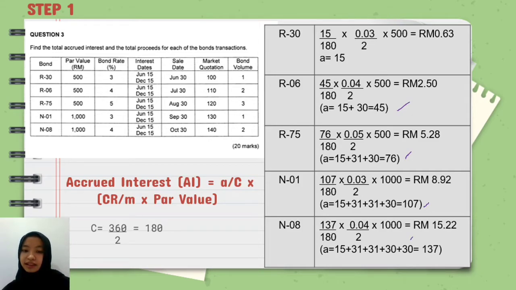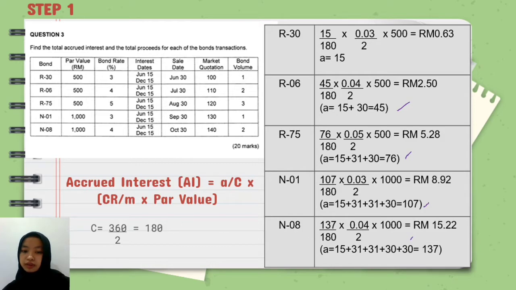Meanwhile, C is the period between the previous coupon payment and the next coupon payment in days. For C, we can divide 360 by 2 because we are assuming it is semi-annual. Insert it and apply it into the formula. For bond R30, we get 63 cents for accrued interest.